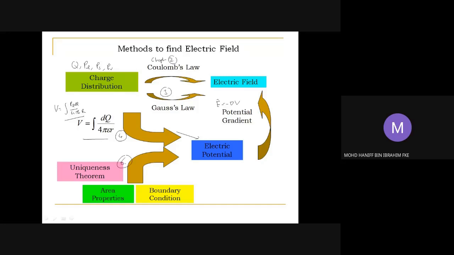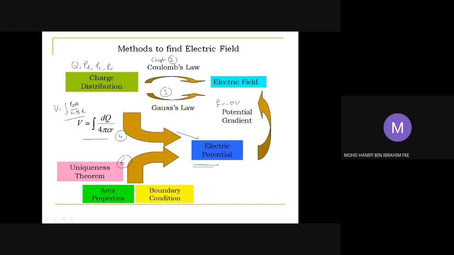In the uniqueness theorem, basically the idea is that we can use it to find the potential value, and to find the E field, we simply use the potential gradient. But the basic idea of the uniqueness theorem is that you need to have two pieces of information before you can use it.